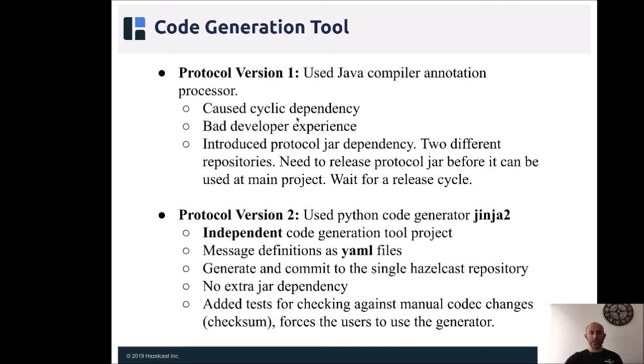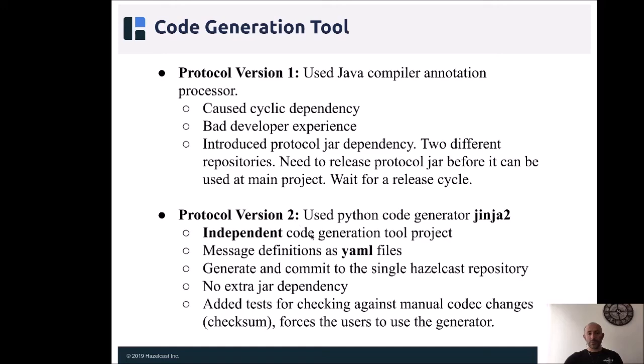The Java compiler annotation version 1 had a cyclic dependency between the projects, protocol and main repo, cyclic dependency in terms of releases, and so it was difficult, a bad developer experience. The developer had to have the protocol jar released before he could send his PR to the main repo.